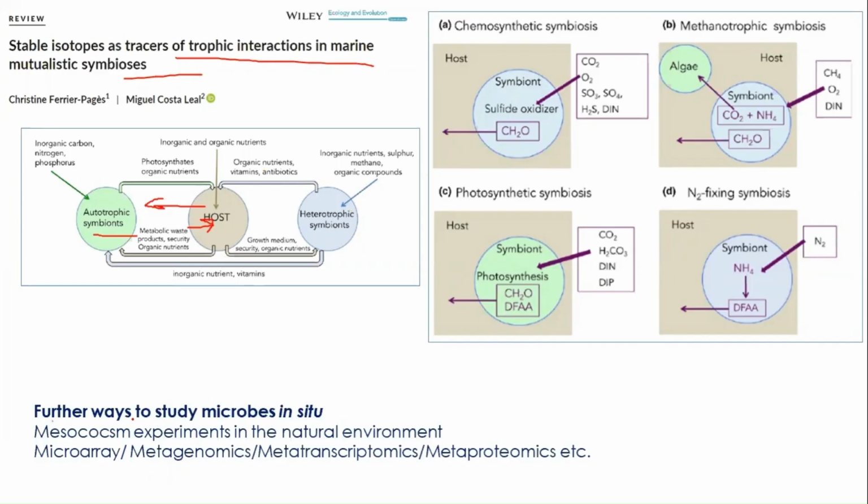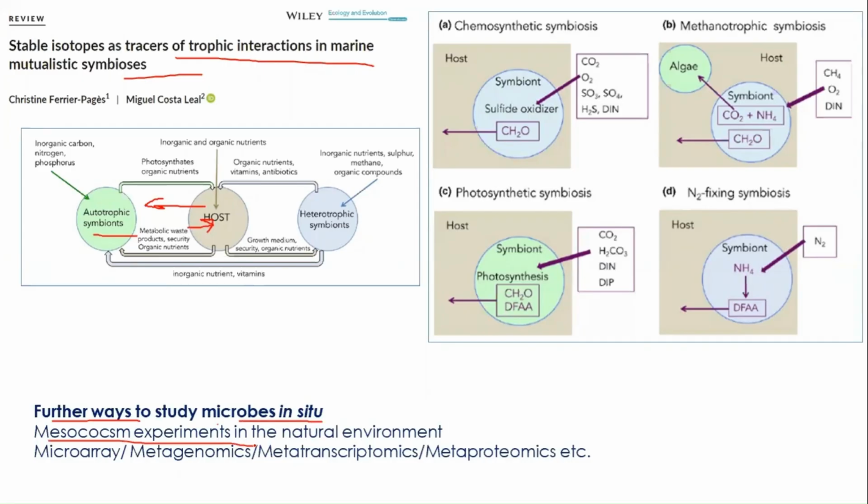Another way you can study microbial activity in situ is by performing a mesocosm experiment. By mesocosm, what I mean is that you do the experiment in the natural environment, or near to the natural environment, in very big tanks.